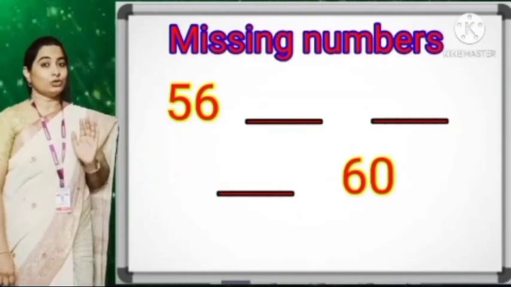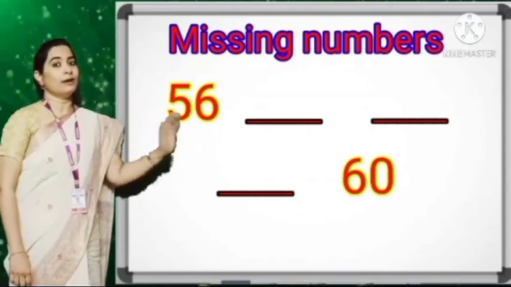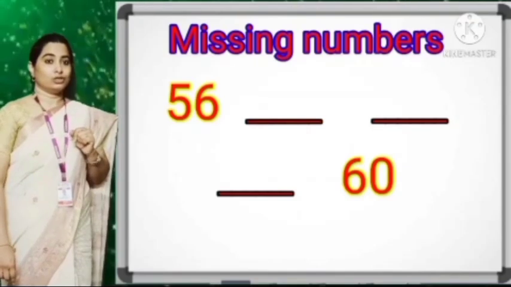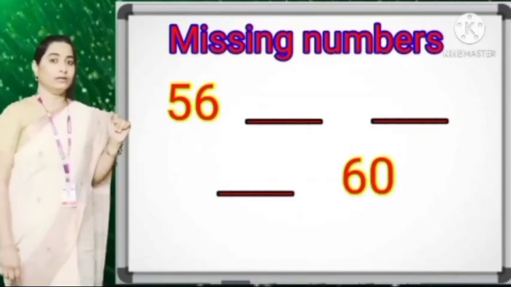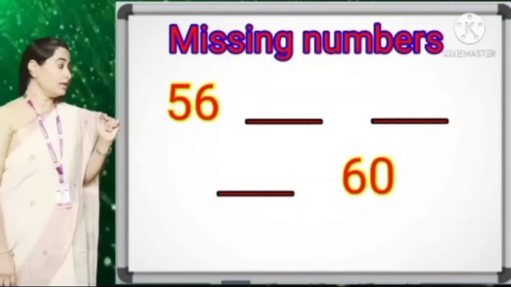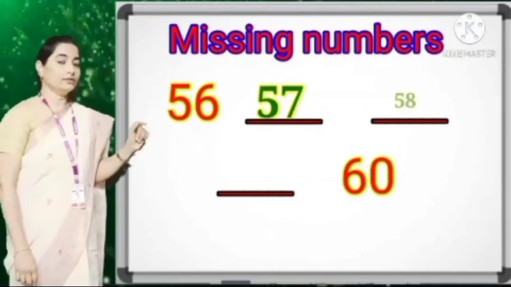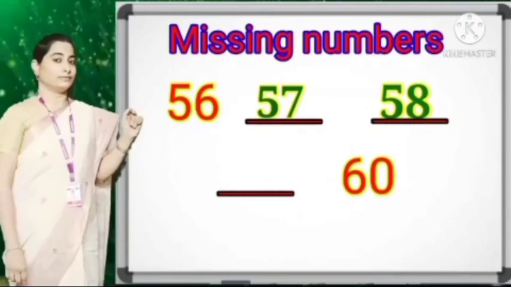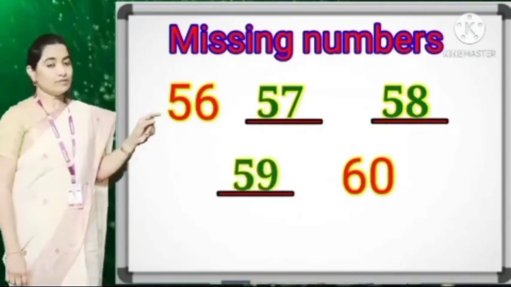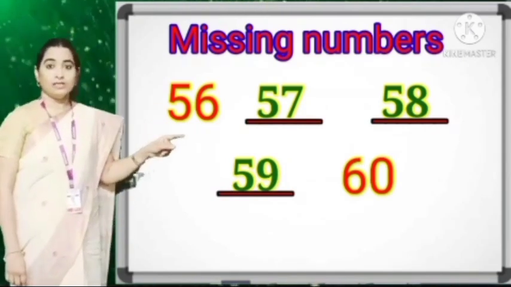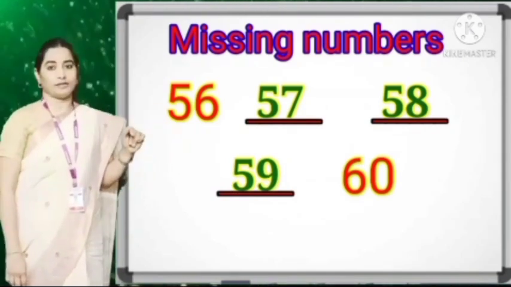Now we need to write the missing numbers. So what number is given there? 56. So what is the next number? Next number is 57. Then 58. Then 59. And the next number is 60, which is already there.